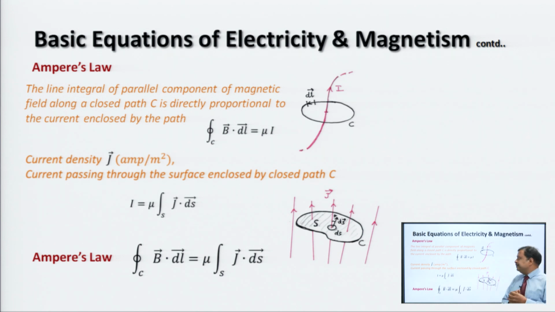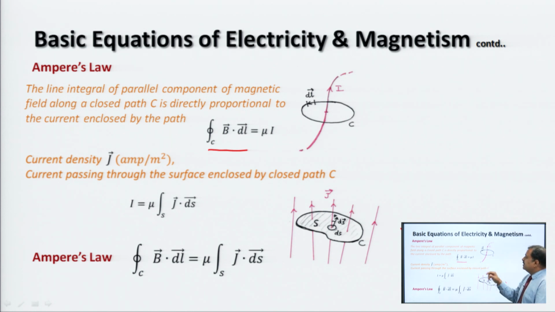Consider this figure. This is a wire carrying current I. If I consider a closed path C enclosing this wire, and if I integrate the magnetic field along this closed path C, this integral B dot dl evaluated over this closed path C is proportional to the current enclosed by the path.